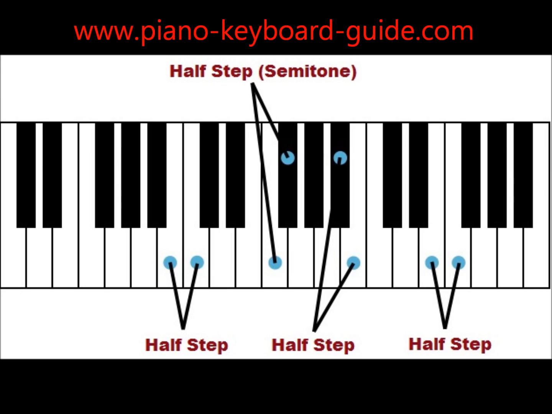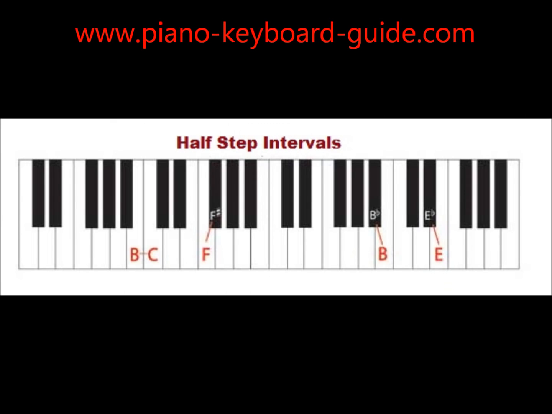The distance between G and G sharp is a half step. The distance between B and B flat is a half step or semitone. The same can be said for the distance between E and F, B and C, and so on.